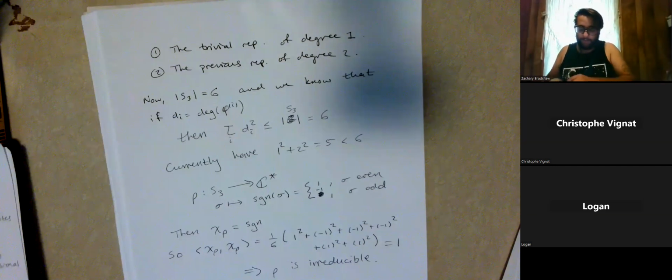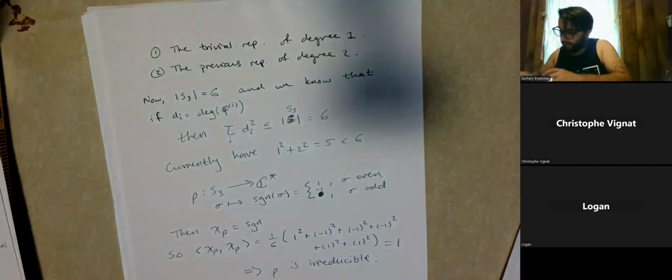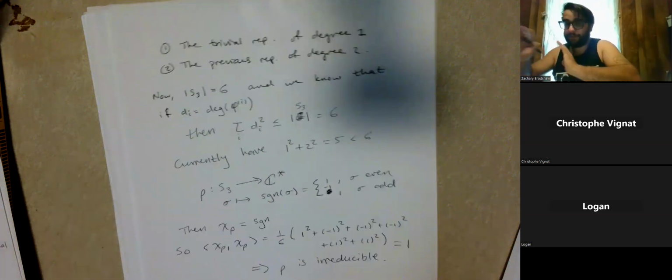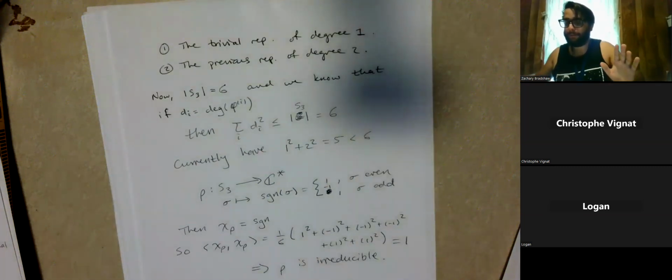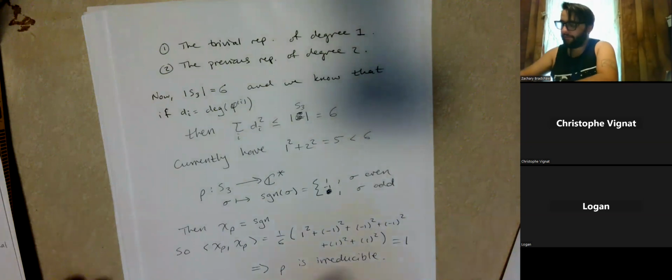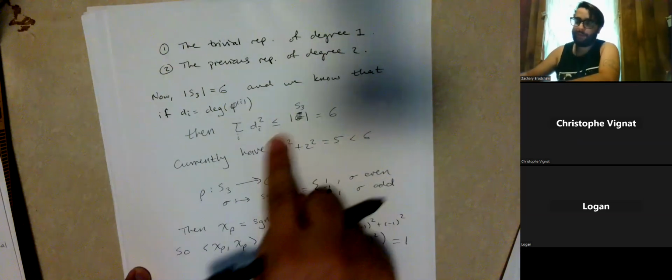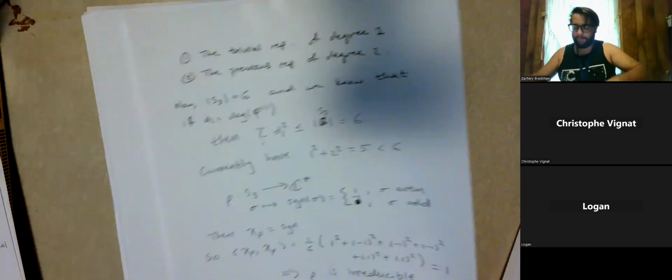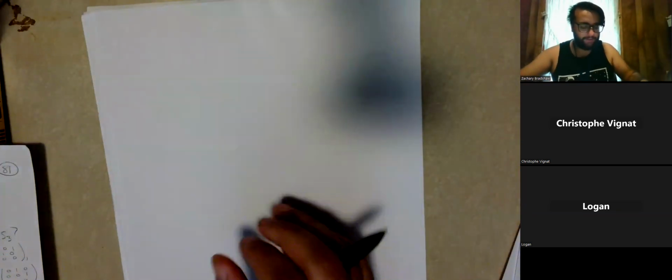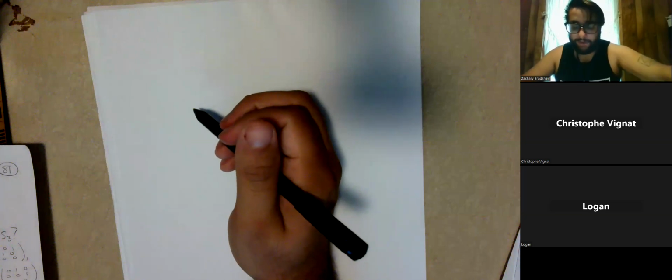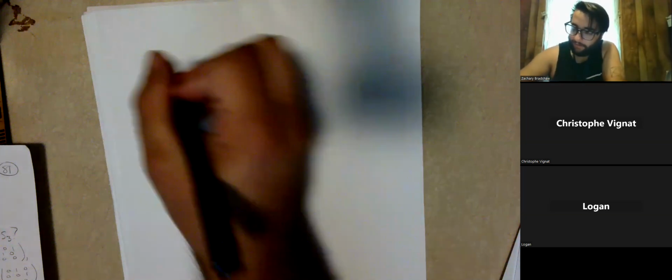Okay, so let's. But this is definitely all 3 irreducible representations, right? Because now the sum here is equal to 6. There's no more room. So let's arrange the characters of S3 into a table.